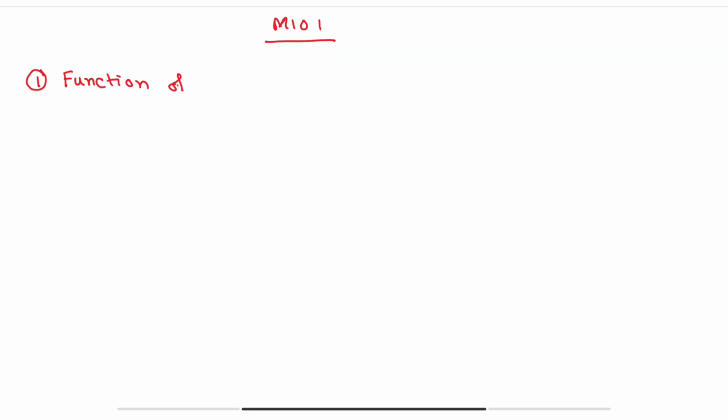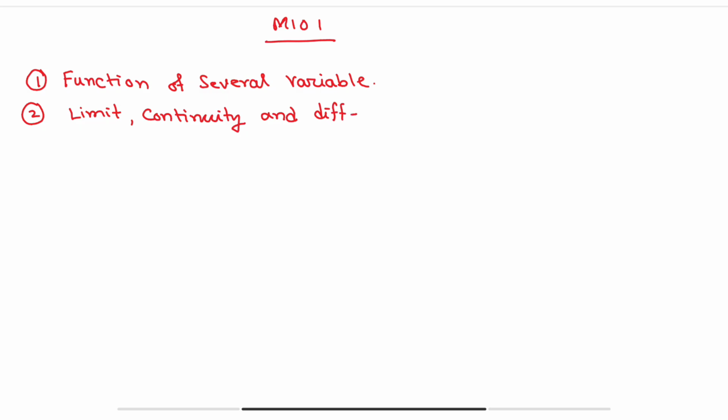Number 2 is limit, continuity and differentiability. Clear? Number 3 is partial derivatives.